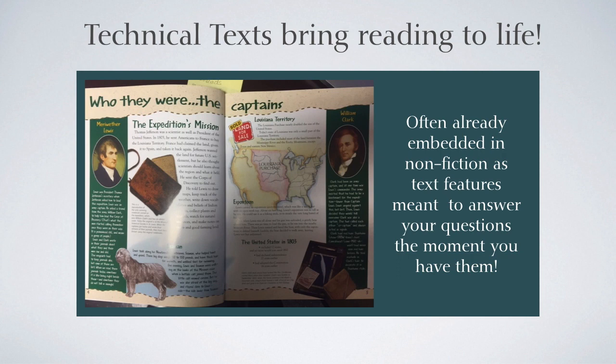The actual text is structured descriptive, but all around that text are technical texts or text features meant to answer students' questions as they arise. In this text, you will find photos, illustrations, maps, charts, timelines, lists, memorabilia, and primary documents, all technical text provided to help students better understand the historical nonfiction.